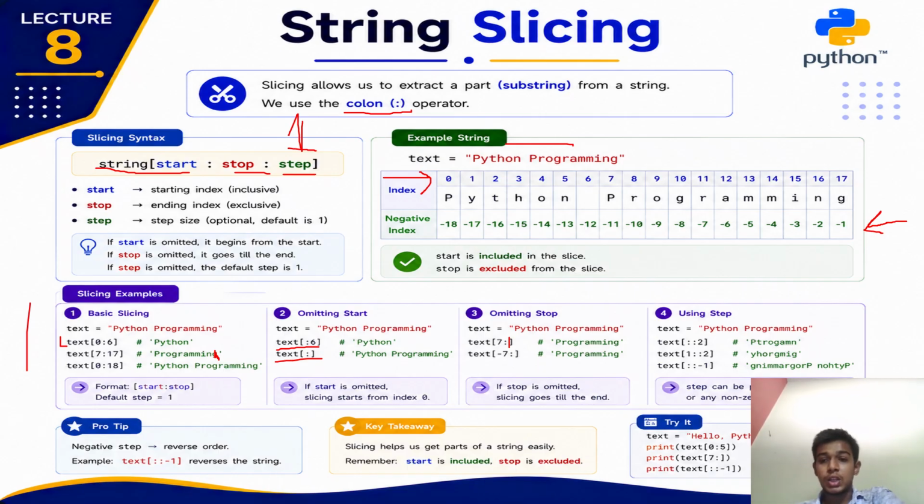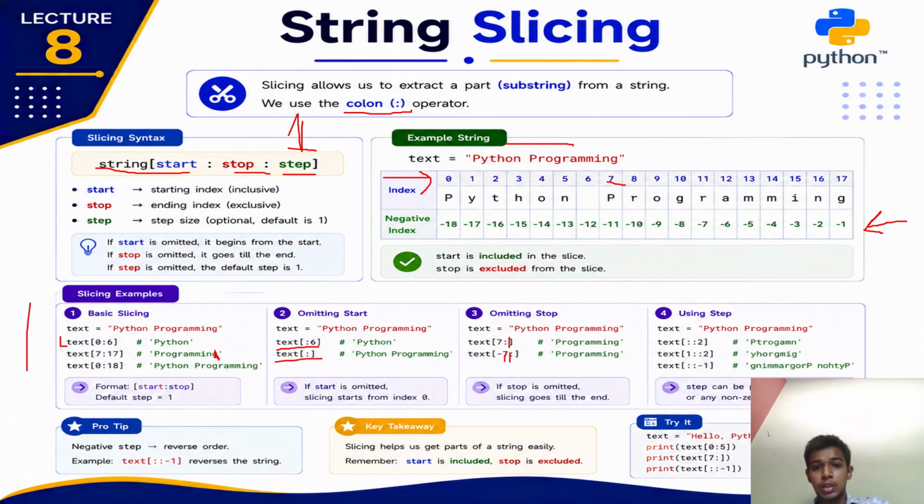Python will start from 7 and continue until the end, until index 17. So the output will be programming. Negative indexing also works. So for example, you write minus 11. Sorry, there it will be minus 11.